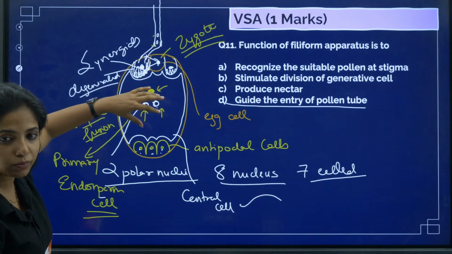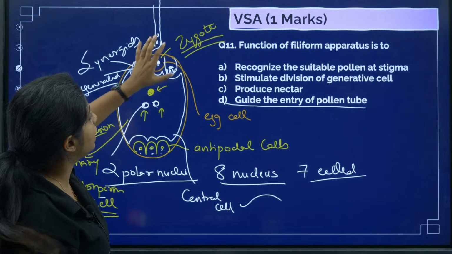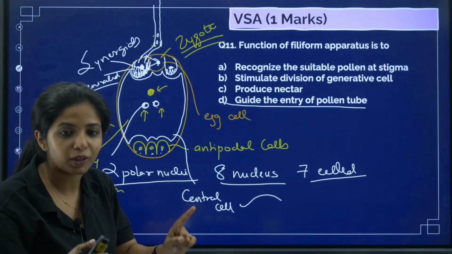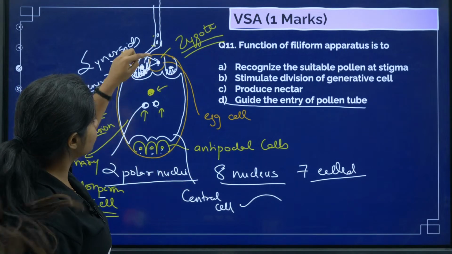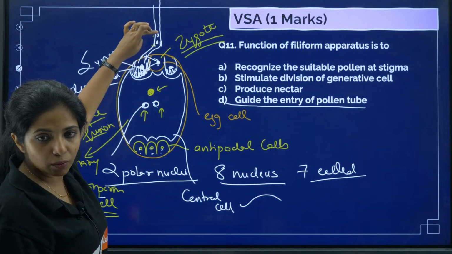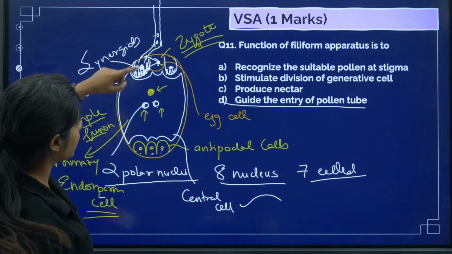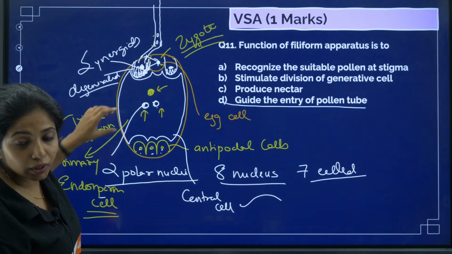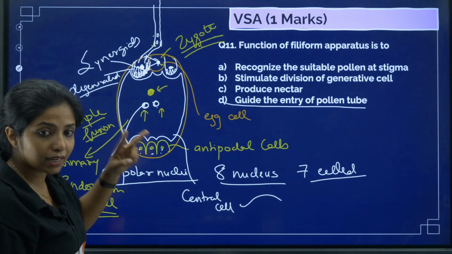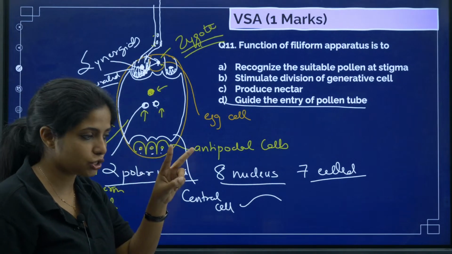This primary endosperm cell will form endosperm, which will later nourish the zygote so that it becomes an embryo. That is the use. So you see fertilization is happening two times. One, when the male gamete and the female gamete fuse, you get the zygote. Second, the male gamete fuses with the 2 polar nuclei. This is known as triple fusion, and this is the second fertilization. That is why we say double fertilization happens.